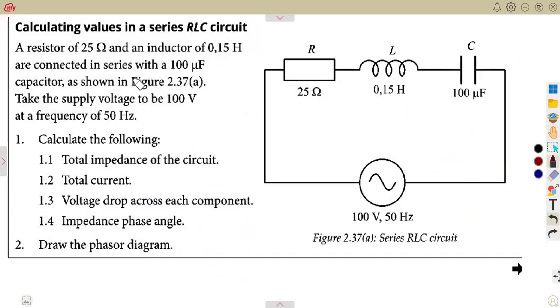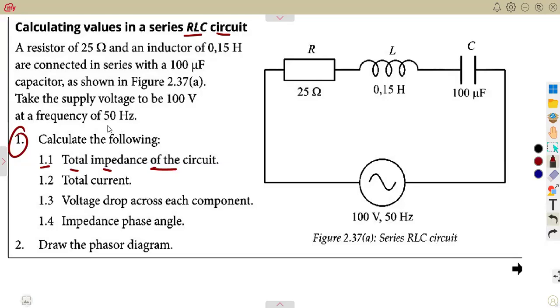There we are given a question. Calculating the values in a series RLC circuit. A resistor of 25 ohms, an inductor, and a capacitor are connected in series across a 100 volt 50 Hz supply. The question was to calculate the following. 1.1, the total impedance of the circuit.